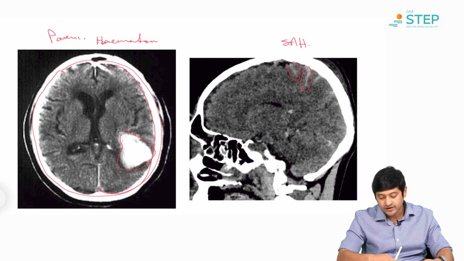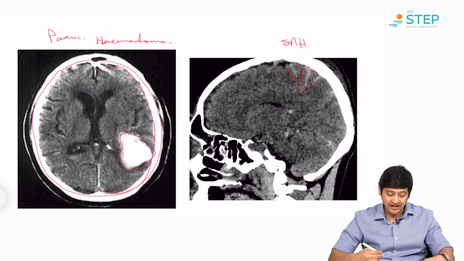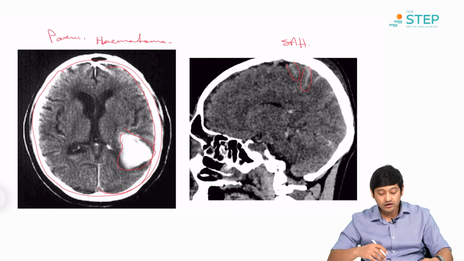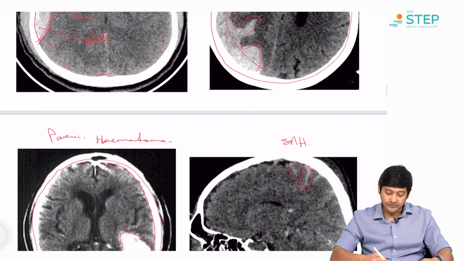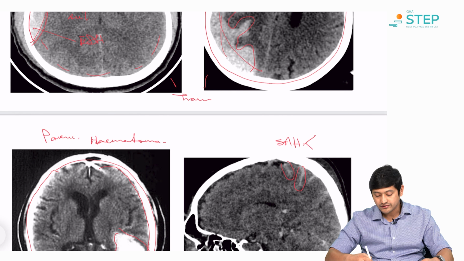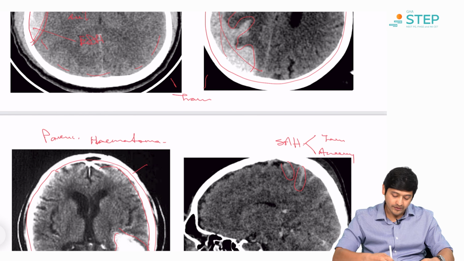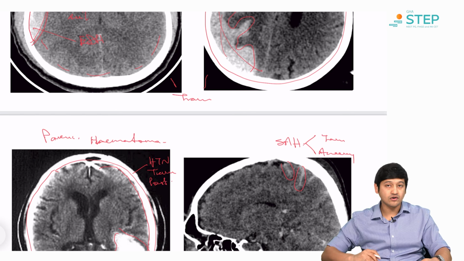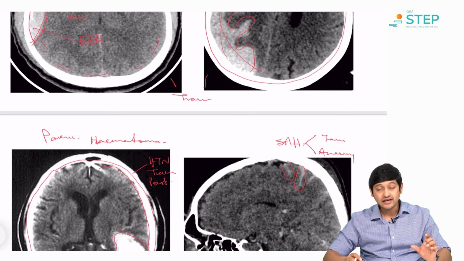So these can be caused because of aneurysmal hemorrhage, hypertensive bleeds or hemorrhagic strokes rather, or trauma. All of these are most commonly seen with trauma. So SAH can be in trauma or in aneurysmal rupture. And a parenchymal hematoma can be because of hypertension, trauma, a post-surgical status. All right, so these are all the various causes and various clues in your stem that you can use to arrive at your answer.